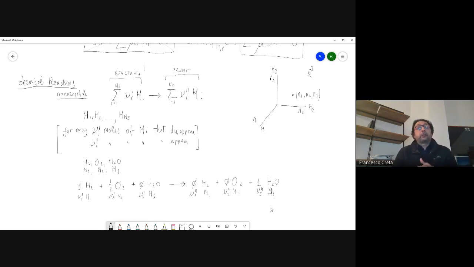Again, the chemical system is a system that you can think of as a container that I fill with certain initial moles of substances. The act of doing this will set my initial composition. So for example, say the initial composition is over here. So this will be N1,0, N2,0, N3,0, okay?